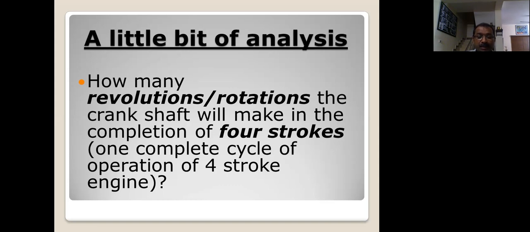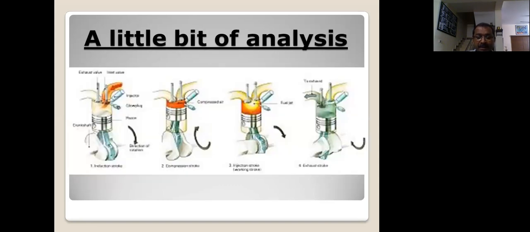2. Let us look at it. I will describe it very fast. Your piston will be at the top. Then the piston is slowly moving downwards from top dead center to the bottom.